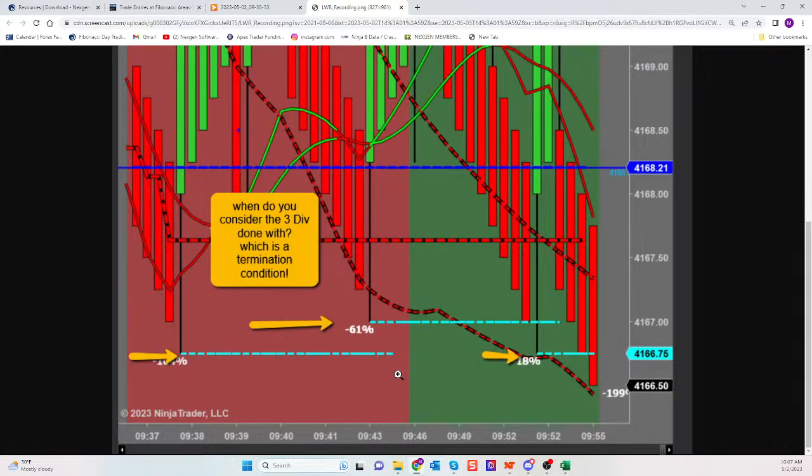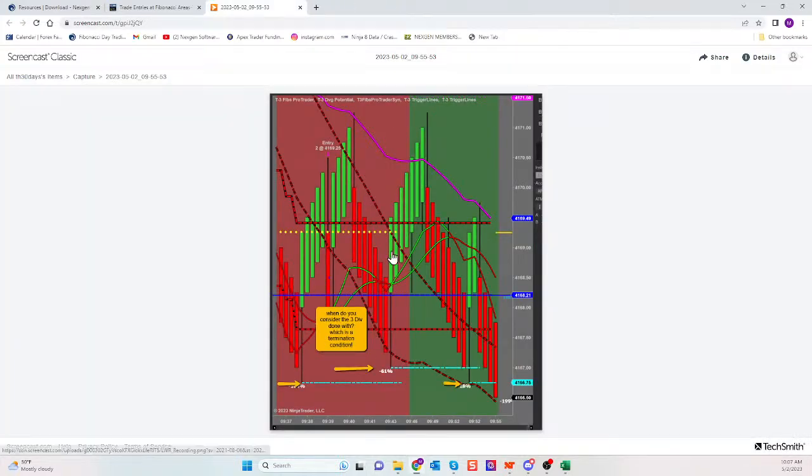When do I consider 3 divergence done with? So Luciano, great question. I use divergences in the exact same way that I use areas. When my trigger lines get to the other side, I consider it broken, and it kind of starts that clean slate. What you have here is very much weak triggers, 3 divergences.